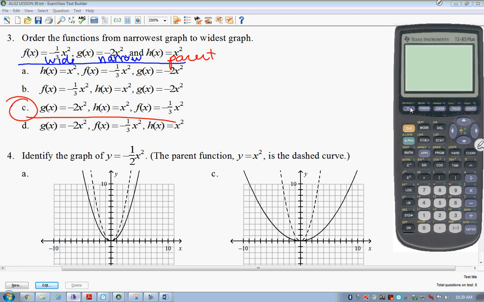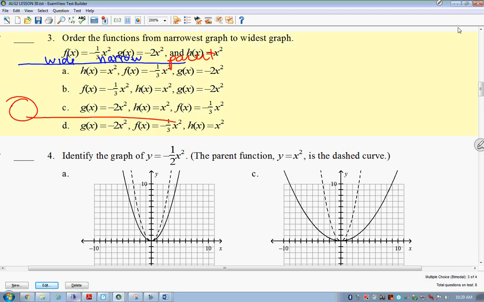If we hit Y and then I hit graph again, well, it's already done it. But it's going to do the first one, then the second one. If I fill them all in from here at the same time, and then I hit graph, it's going to draw the Y1 first and then Y2 second. So if you're trying to keep track of which one was wide and which one was narrower, look at the order that it draws it in. Okay.